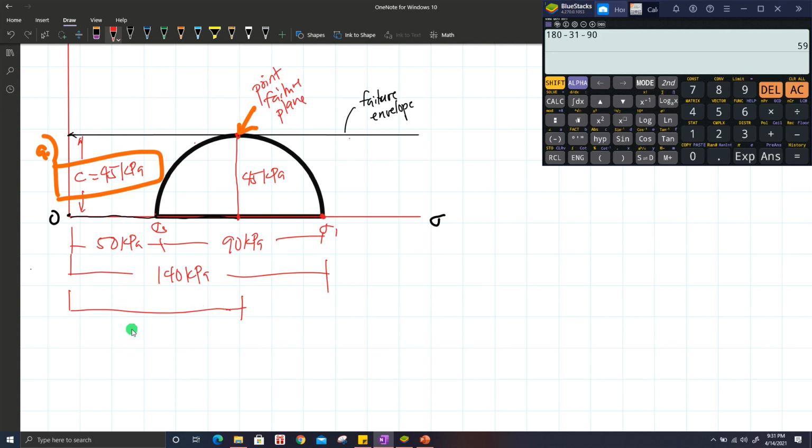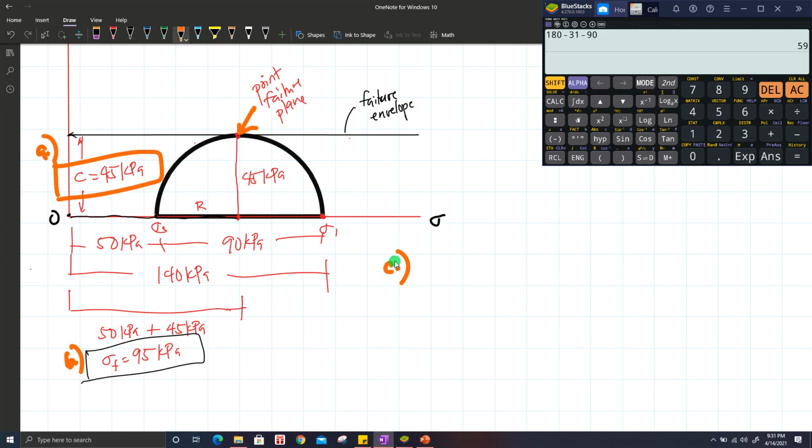So, makukuha lang naman ito kapag inadd natin yung minor principal stress, 50, itong distance na to, plus yung radius na 45 kilopascal. So, that's 95 kilopascal. Yan na yung sagot natin para sa sigma F or the axial stress at point of failure. That's the answer for letter B.